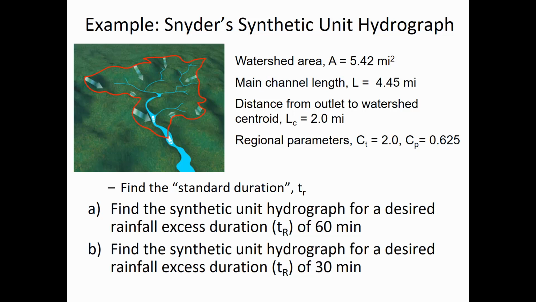And so if we substitute that in, then it will be 770 divided by 551.9 CFS per inch, and then the area was 5.42, and all of that's to the 1.08 power. So the W50 is 5.22 hours.